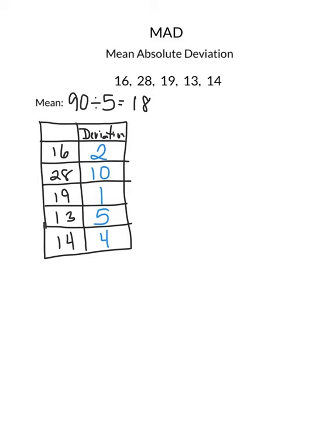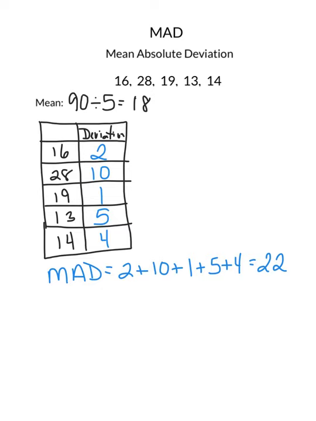And again, we're finding the mean absolute deviation. So now the sum of them is 22. To find the mean, I'm now going to divide that by 5 because there were 5 numbers that I added together. So 22 divided by 5 equals, and I got the answer of 4.4.